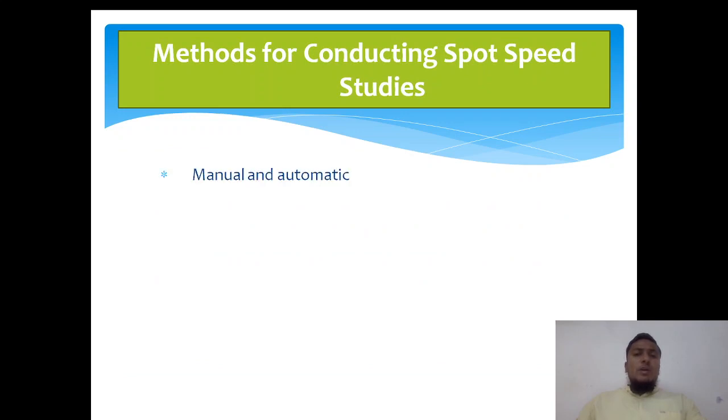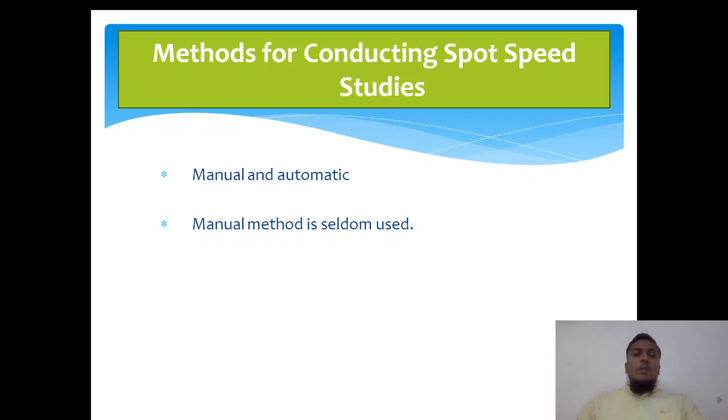So methods for conducting spot speed studies: manual and automatic. So there are two methods. You can perform spot speed studies manually and automatically. You can calculate the speed of a vehicle manually by using the formula, and automatically by using various types of equipment and machines.